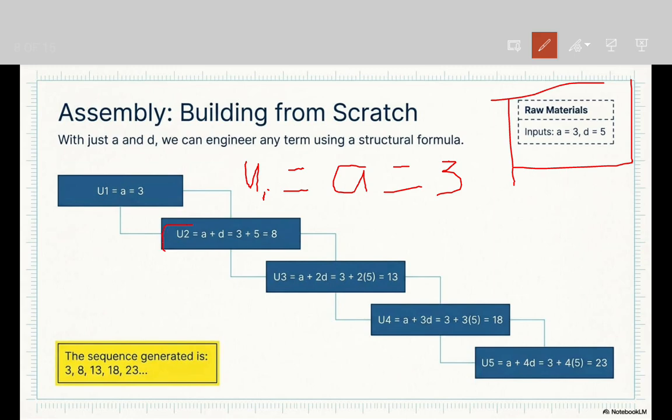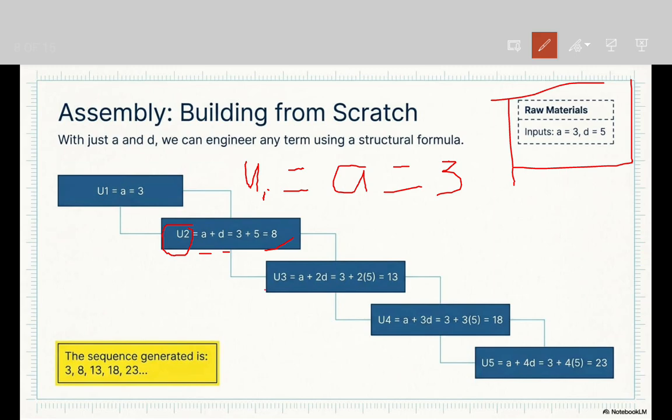Now the second term is A plus D, and it is 3 plus 5, which is 8.